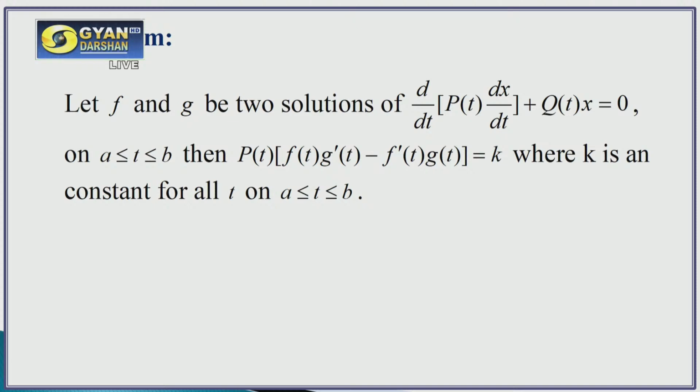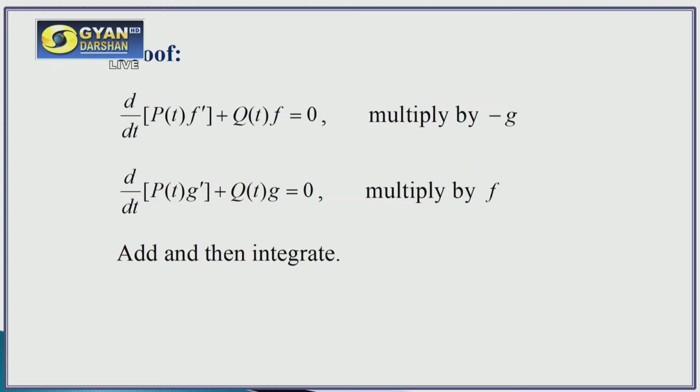So if you carefully observe, what we actually need is f of t into z dash t minus f dash t into z of t. So where we have f dash, the derivative of f, there we need to multiply by z, and where we have f we need to multiply by z dash. So in the first equation we have f dash, therefore we are multiplying by minus g.